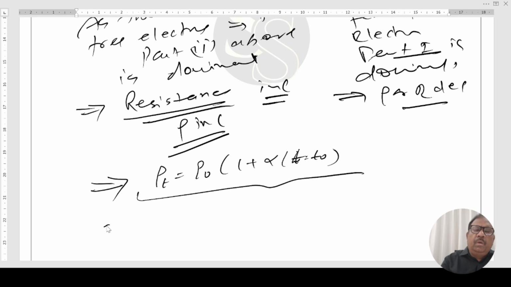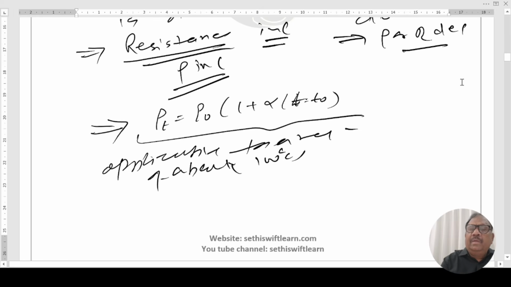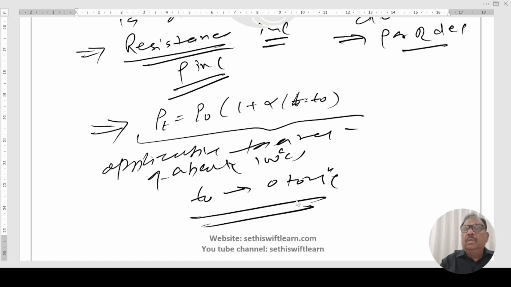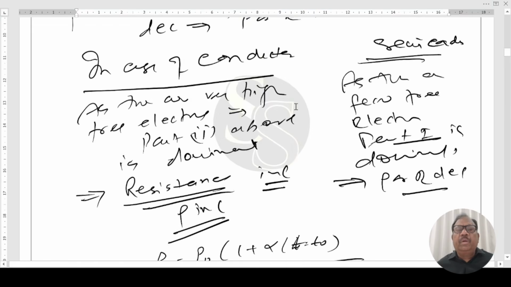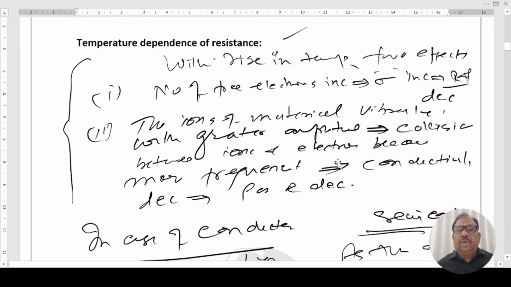This formula is applicable for a range of about 100 degrees centigrade, and T naught is between 0 to 25 degrees centigrade, right? This is regarding the temperature dependence of resistance, right? Now, let's start the question.